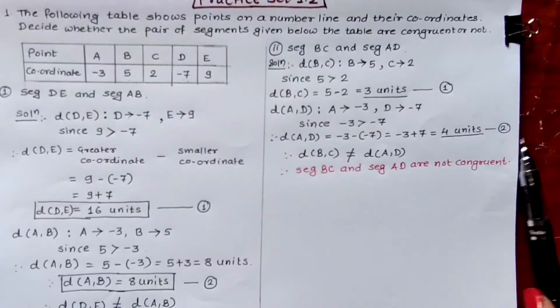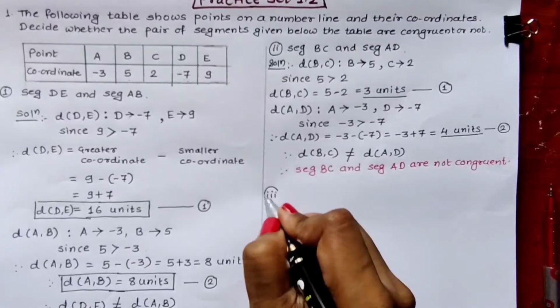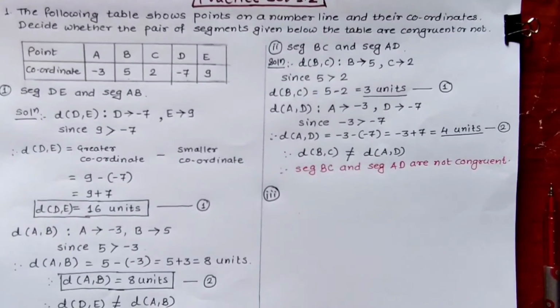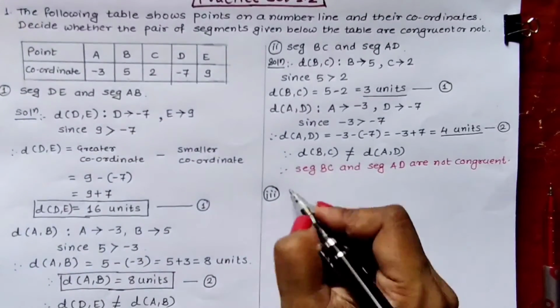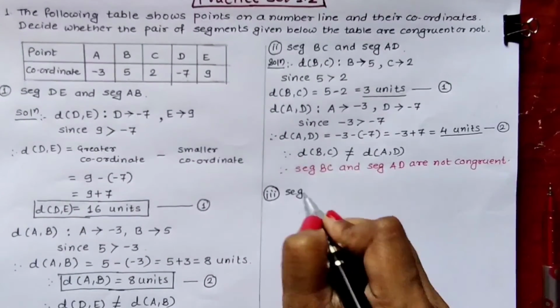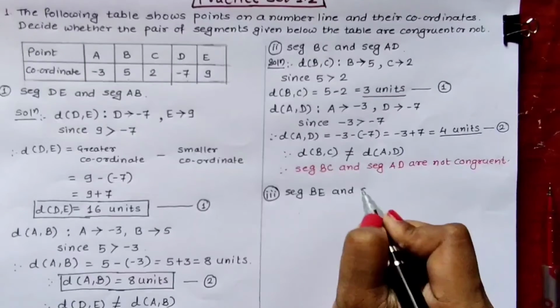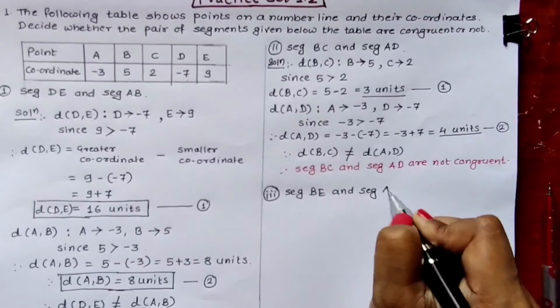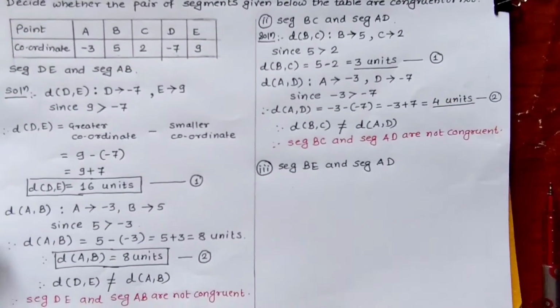Now let us check for third pair. Third pair is seg BE and seg AD. Now let us once again find out their distances.